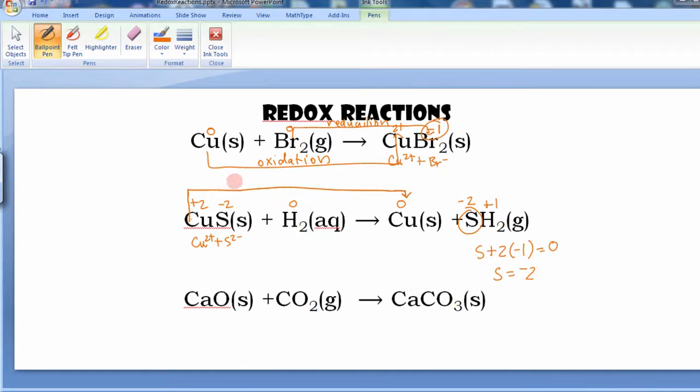This time copper is being reduced. It goes from a +2 state to what? 0. Oxidation number goes down. It's being reduced. Now let's look at sulfur. Sulfur goes from a -2 to a -2. No change in oxidation state.